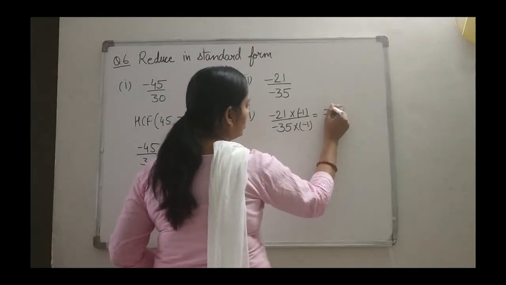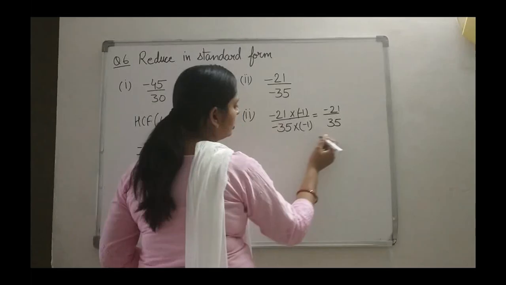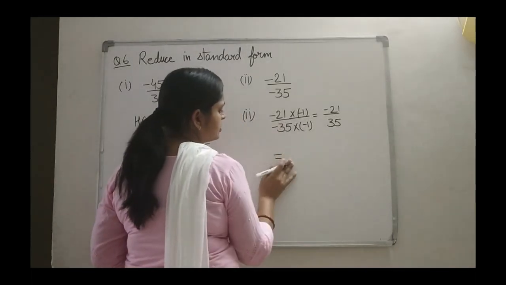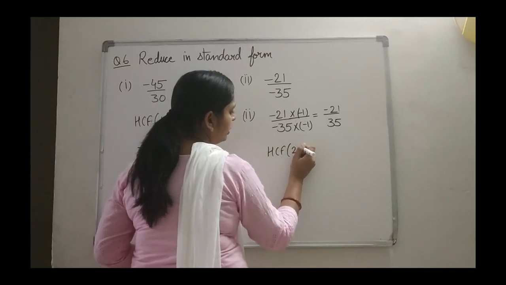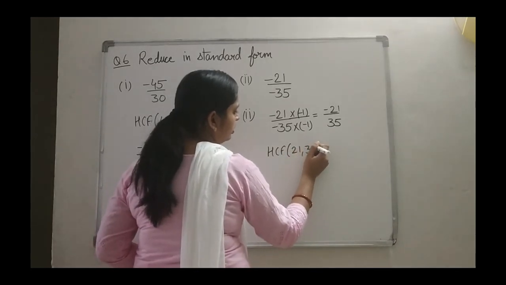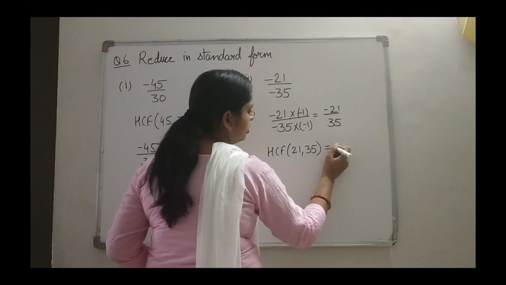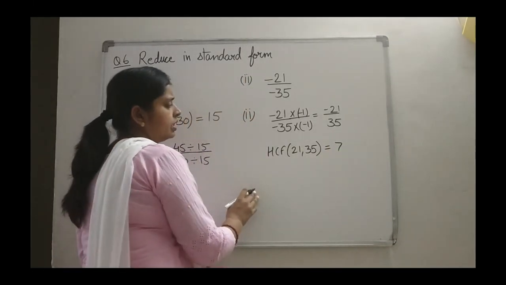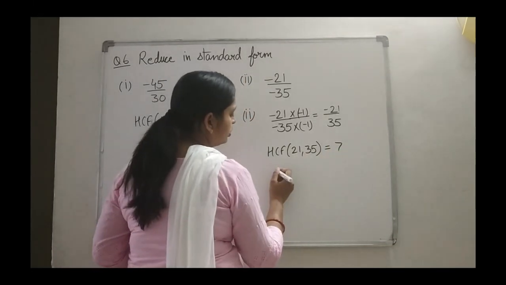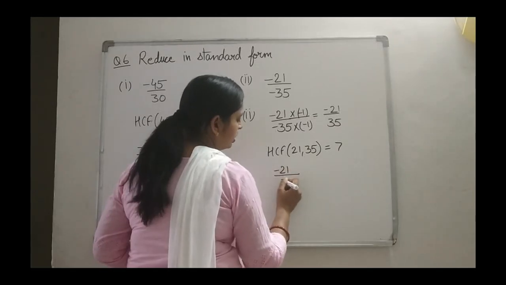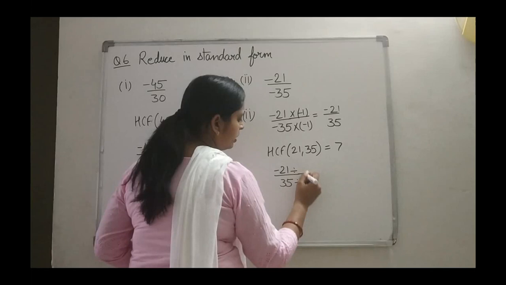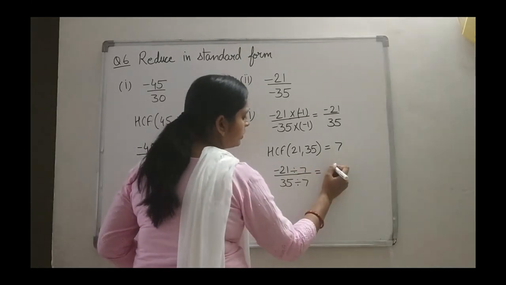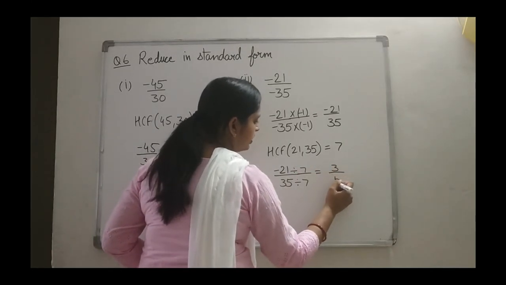And here you will get minus 21. Right? Now, my HCF of 21 and 35 is 7. Both can be divided by 7 and the HCF is 7 here. So minus 21 upon 35, both divided by 7, will give you how much? 7 threes are 21 and 7 fives are 35.